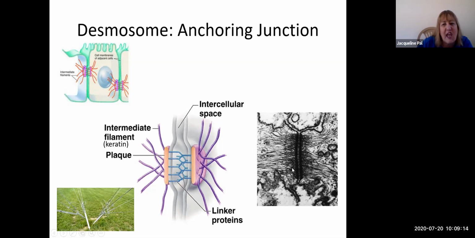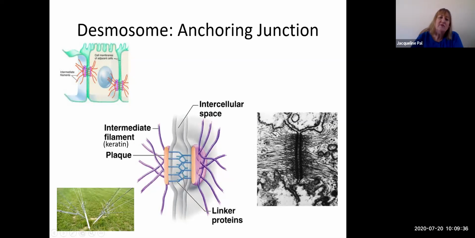This is the chain that has the anchor at the end. So if you look up here at the top, you have your desmosome, and here is your keratin protein attaching it down here to this part of the cell. So if you're pulling here, not only are you pulling here, you're also pulling here, everywhere all these keratin filaments are going.